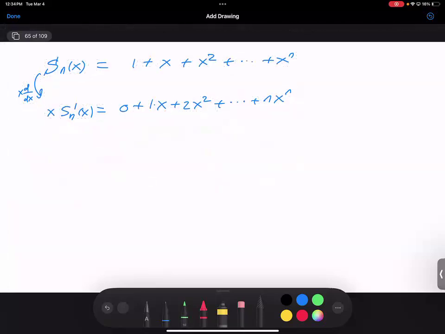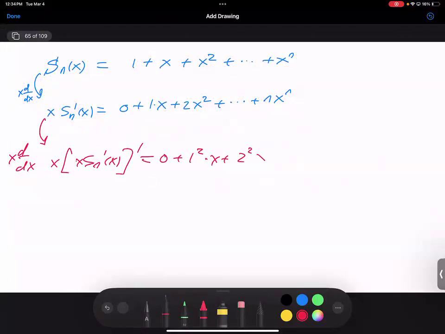If I were to do this again and apply x d by dx, I would get x, and then I would have x S_n prime of x, the derivative. I would get 0 plus 1 squared times x plus 2 squared times x squared plus n squared times x to the n. And that would just be x d by dx of what we had before.